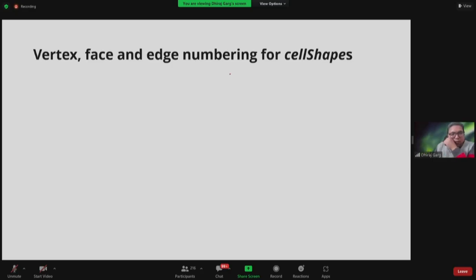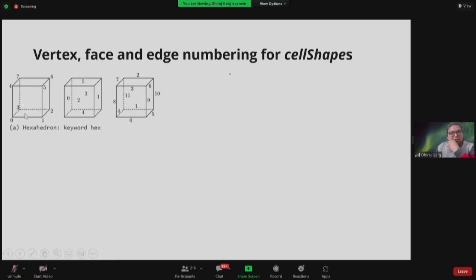Now, when we have done this, how are the numberings done in OpenFOAM using the cell shapes? We can take a hexahedron. In the leftmost, first we create vertex 0, which will be the origin. Then in the positive x1 direction, or x direction, you create 1. Then in positive y direction, or x2, you create 2.